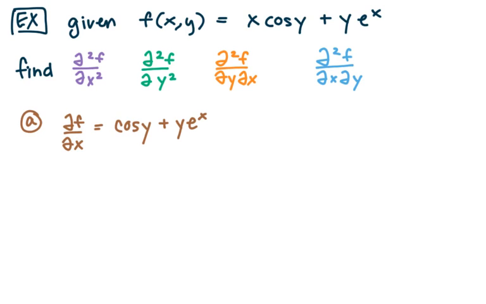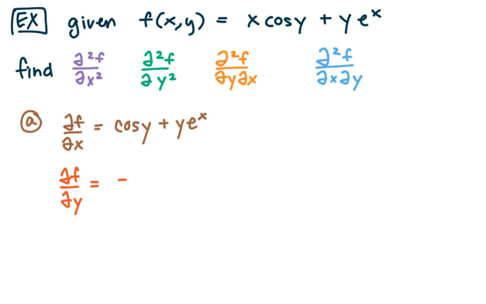And partial of f with respect to y. That means treat x as a constant. X is a constant. And since it's a constant, it's like a coefficient in front of cosine y. The derivative of cosine is negative sine.